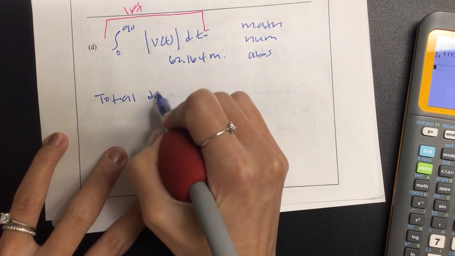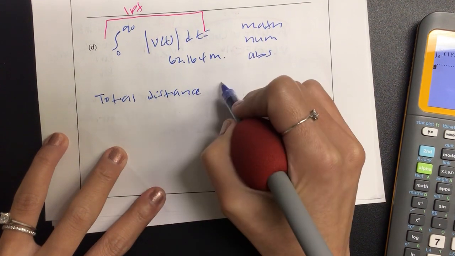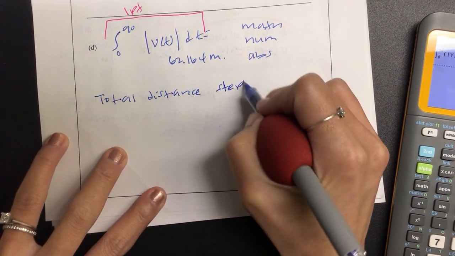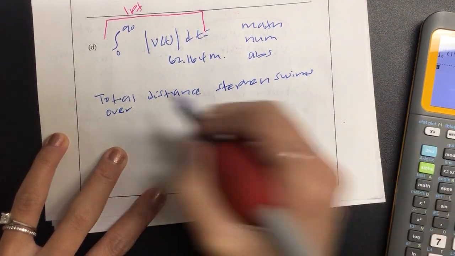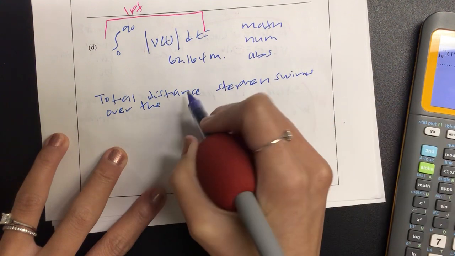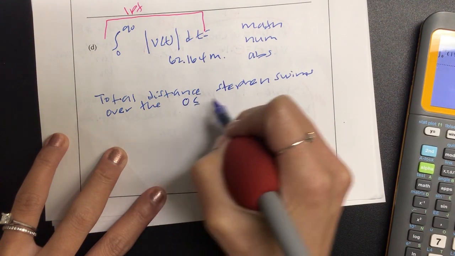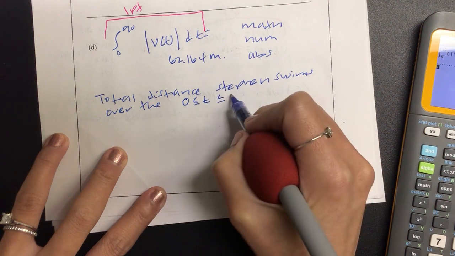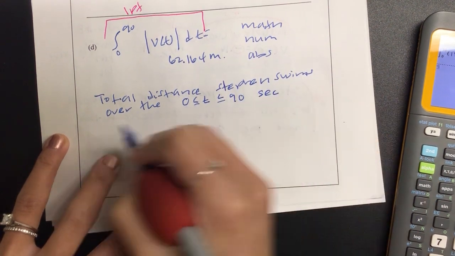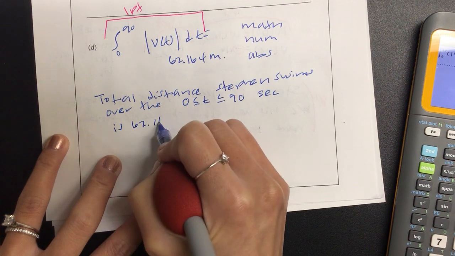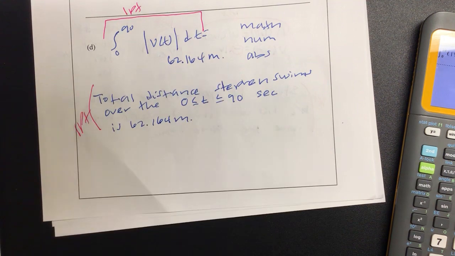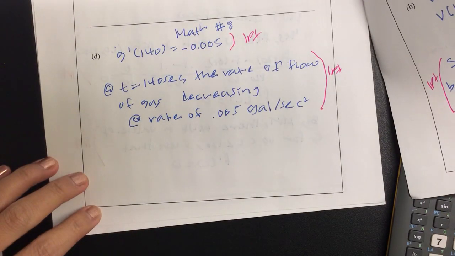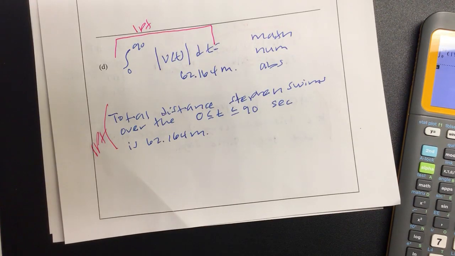So total distance Steven swims over, I think I'm just going to write out the interval, not the word interval. That should be forgivable according to the graders. Is 62.164 meters. And that will give us our last point. So again, grade yourself. Make sure that all the points were given. 2, 3, 4, 5, 6, 7, 8, 9. Yes.